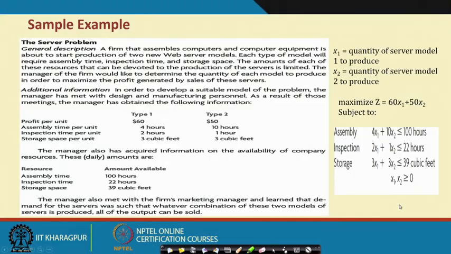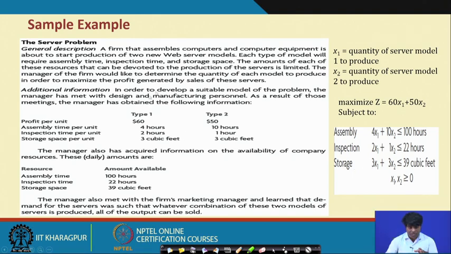Okay. So, let us see here how the structure is. Let us consider this particular problem. We have already solved this problem, and now we would like to solve it through the solver. Technically, this is a solver problem, and it is a maximization problem with two variables and three constraints.